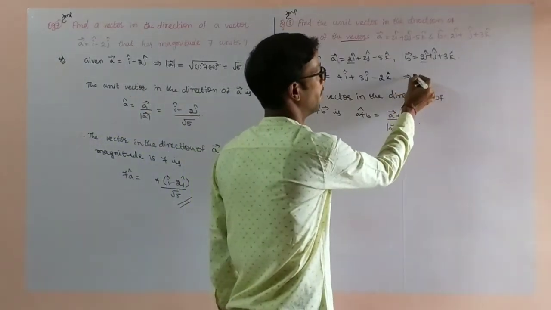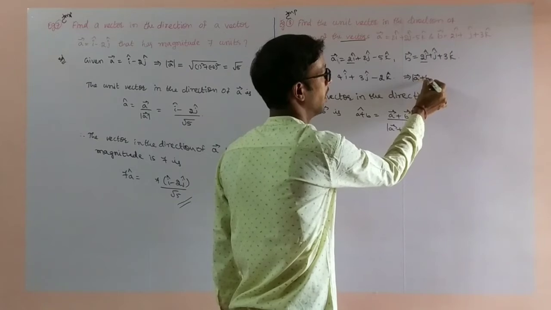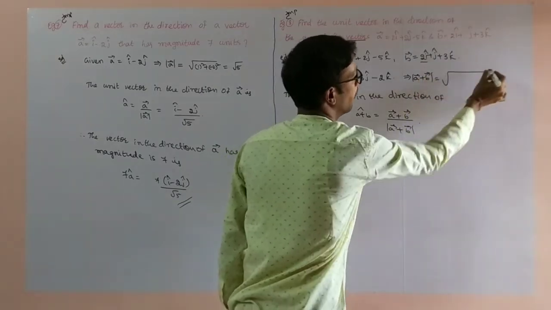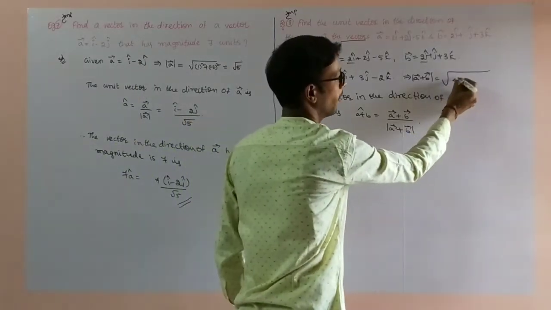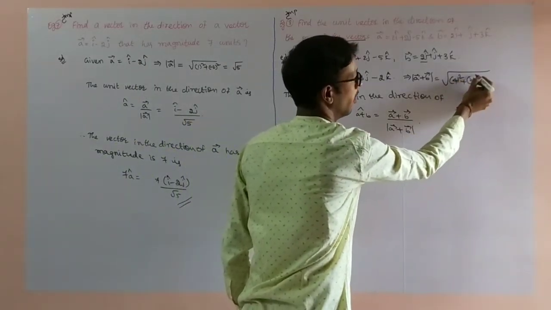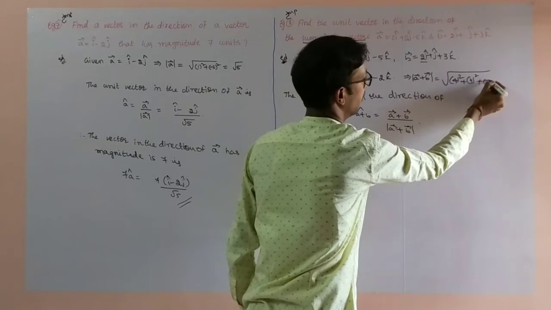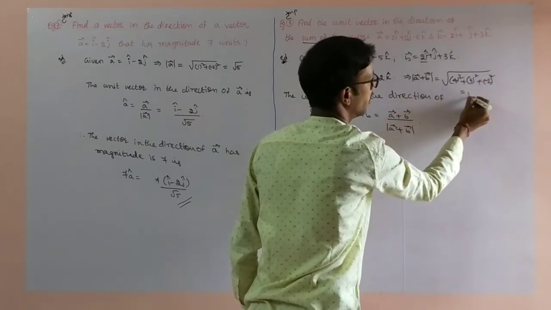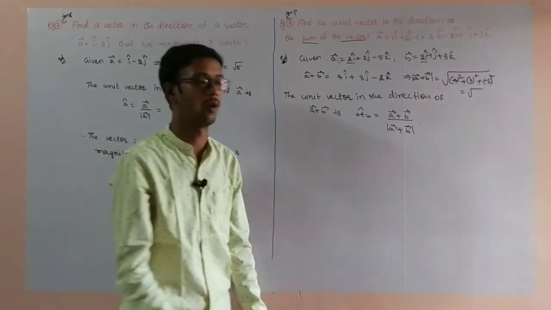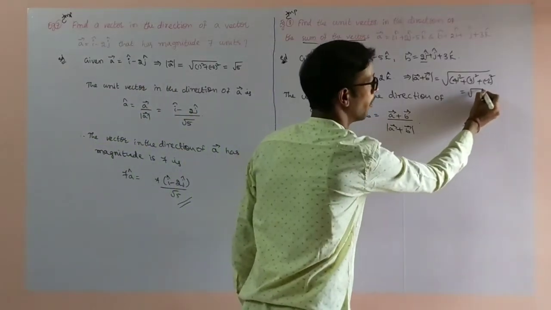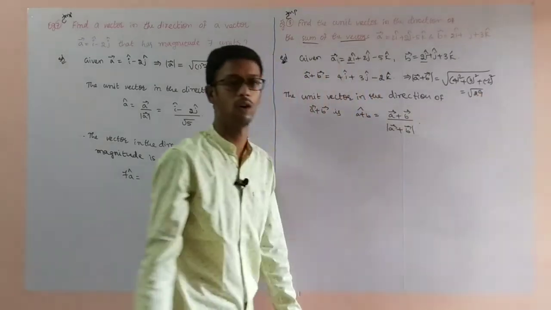Here you can find the magnitude of a bar plus b bar. How much will you get? 4 square plus 3 square plus minus 2 whole square. If you simplify, 16 plus 9 plus 4, 25 plus 4, that is root 29.